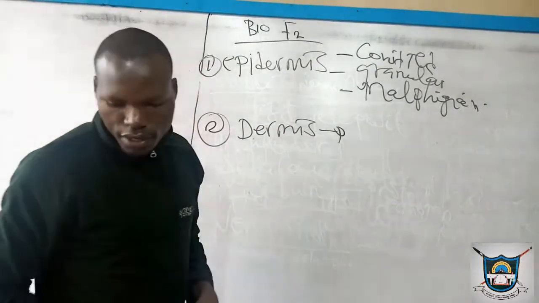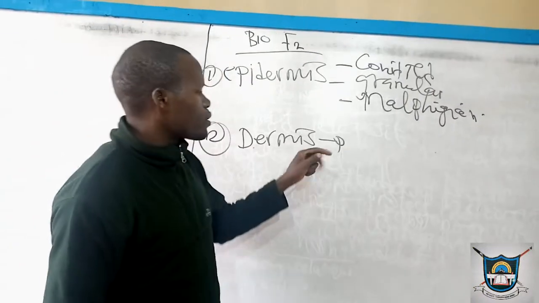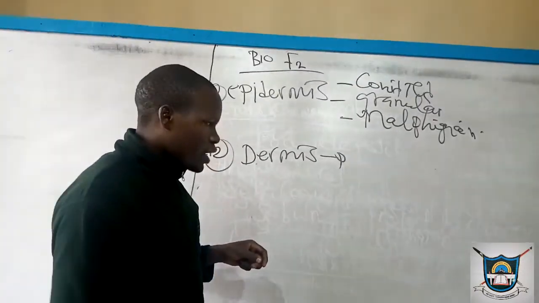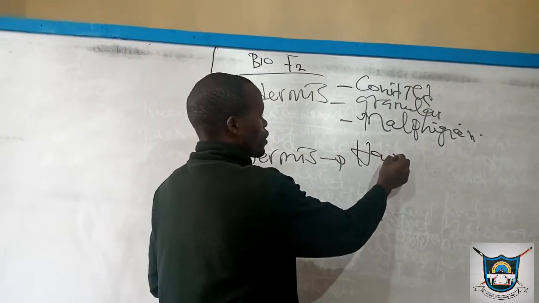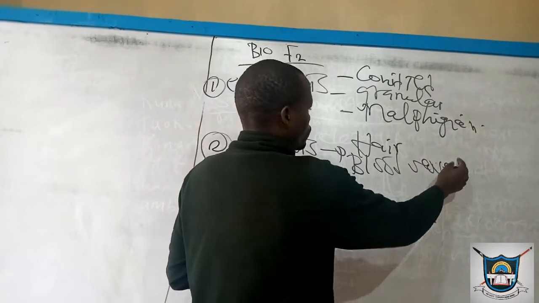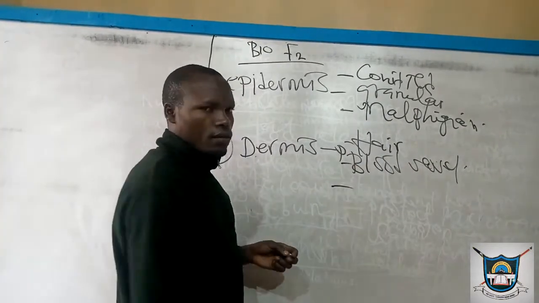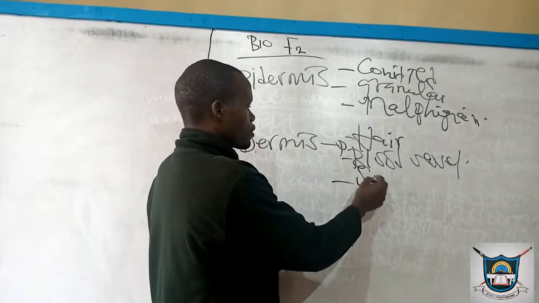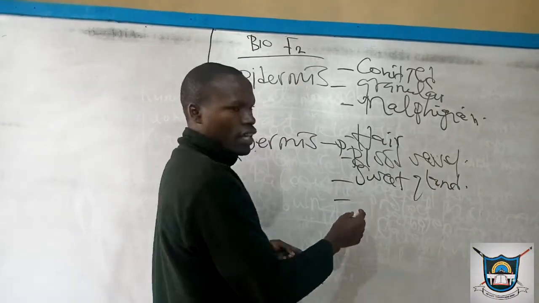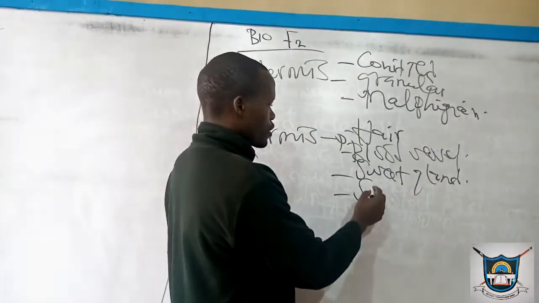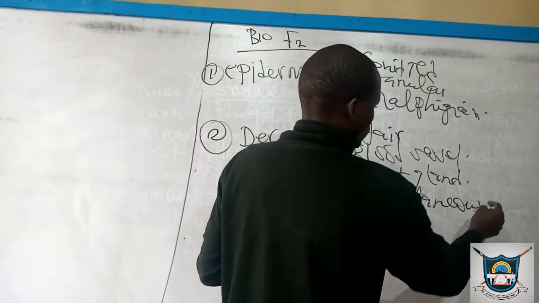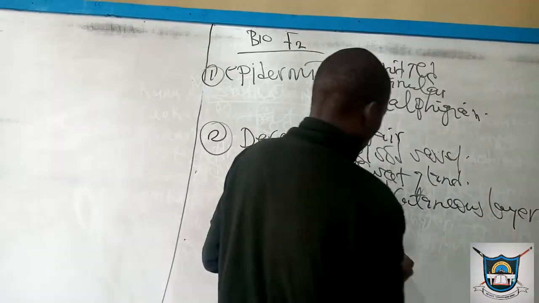We have the dermis now, which contains almost the main parts of the skin. For instance, we said that we have the hair, the blood vessels, the sweat glands, and the other part, the subcutaneous layer.